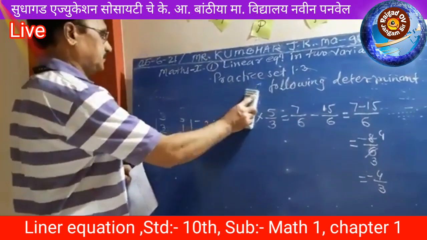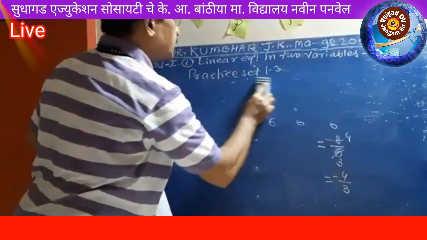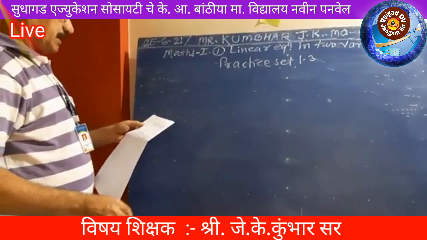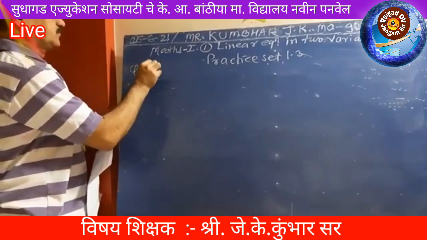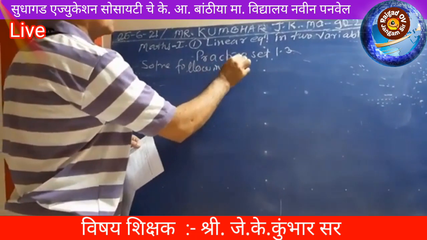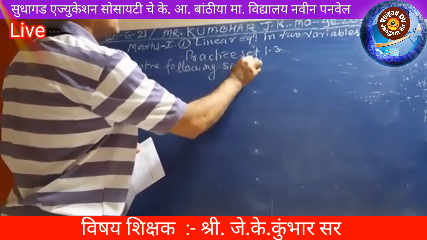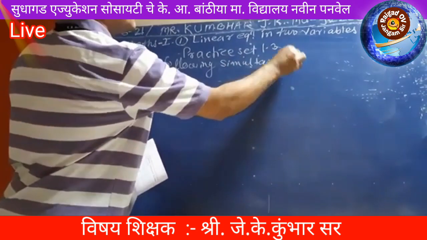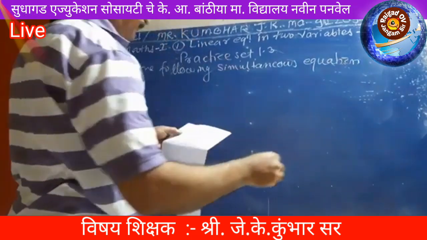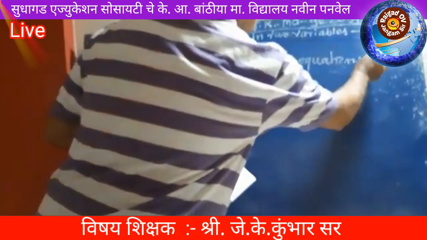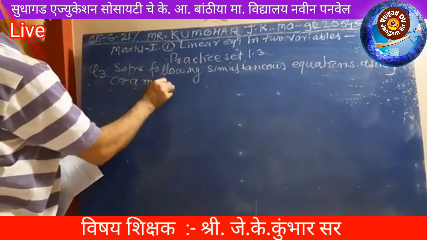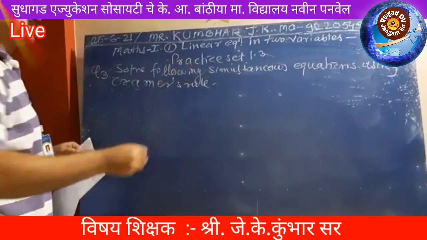Now we are going to solve the third question from this practice set 1.3. Solve the following simultaneous equations using Cramer's rule, means by the determinant method.